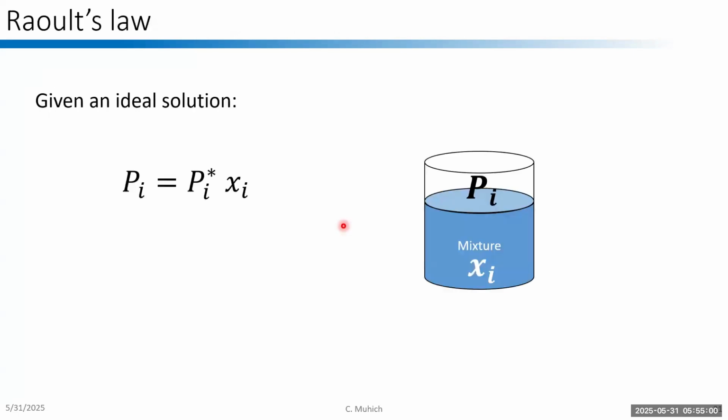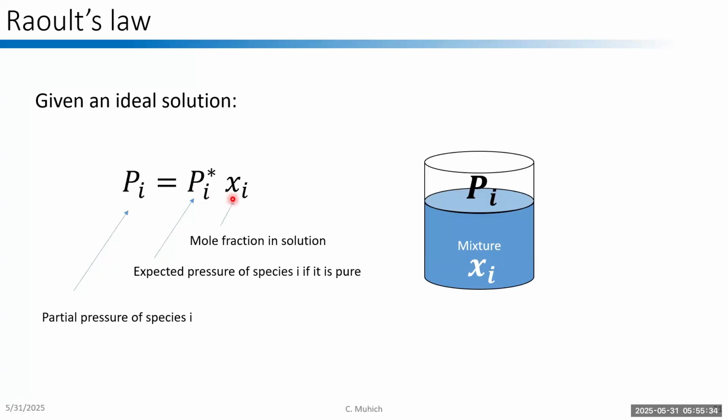All right. So Raoult's law says, given an ideal solution, let's say I have, once again, ethanol in water. The partial pressure of species i above that solution is the pressure above that solution if it was 100% pure. So instead of having a mixture, if I had pure ethanol, I can take whatever the partial pressure is expected to be at the temperature I'm operating at, and then multiply that by the mole fraction in the solution.